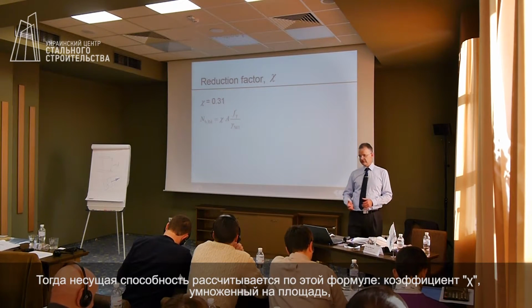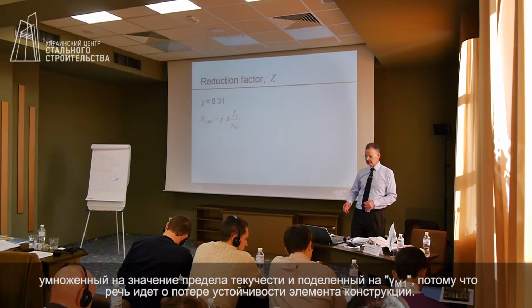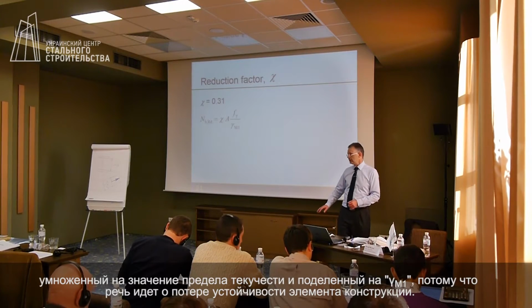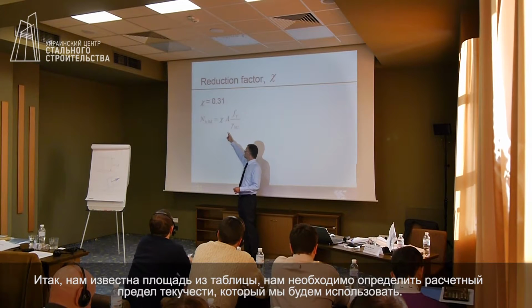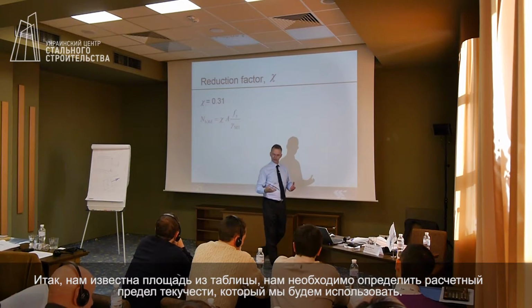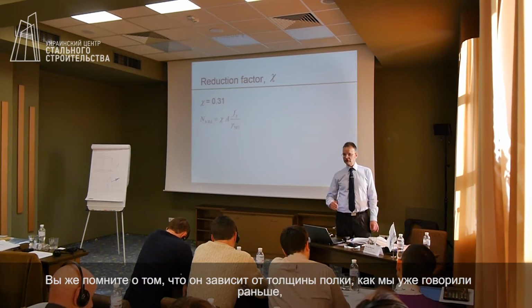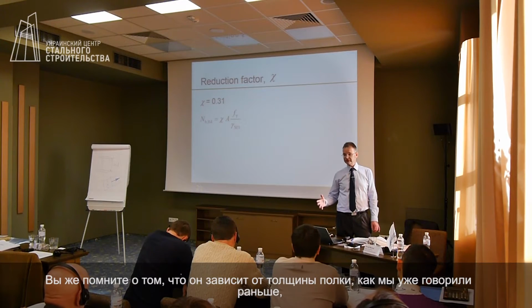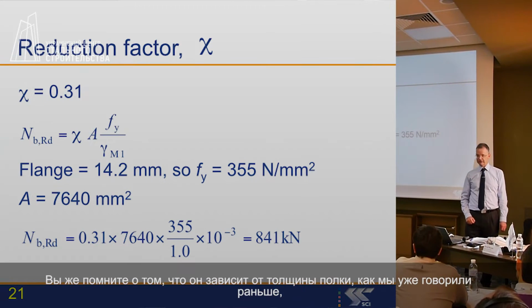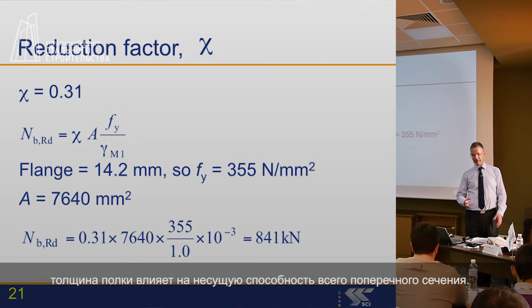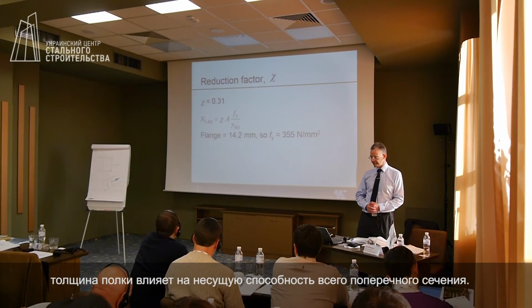Then the resistance is chi times area times yield, because we're buckling, divided by gamma M1. Now, we know what the area is from lookup tables. We just need to pause about the design strength that we're going to use. Remember, the design strength varies with the thickness of the flange. As I said earlier, the thickness of the flange governs the design strength of the whole cross-section.